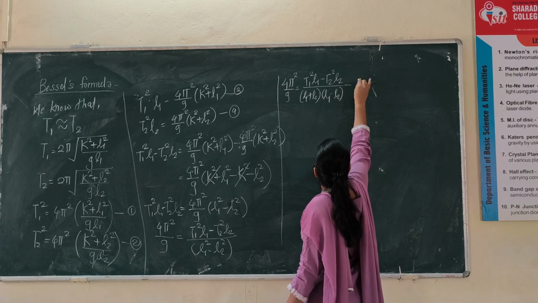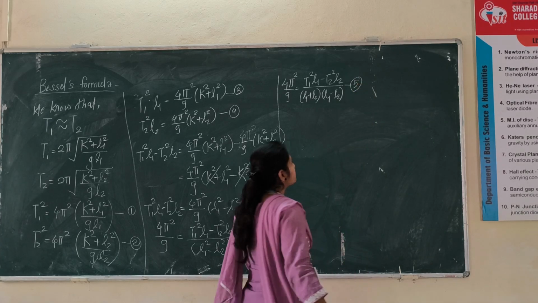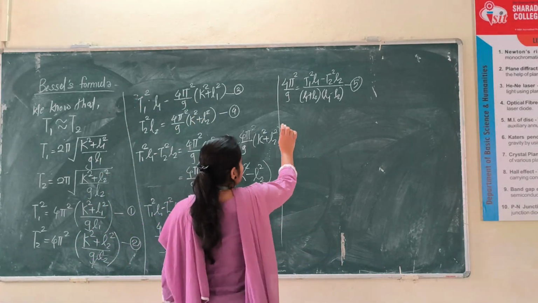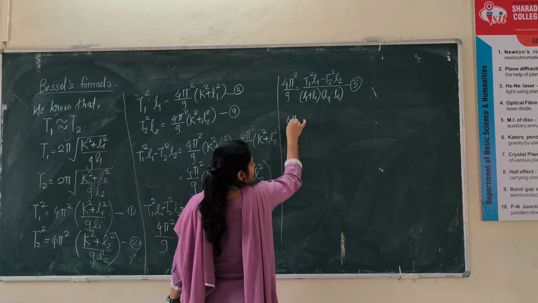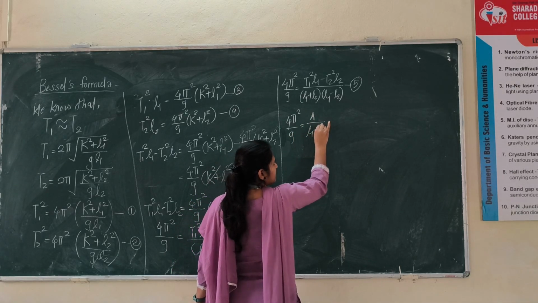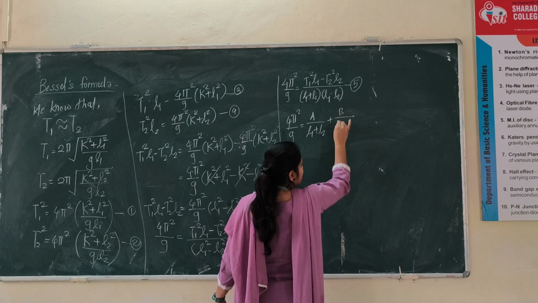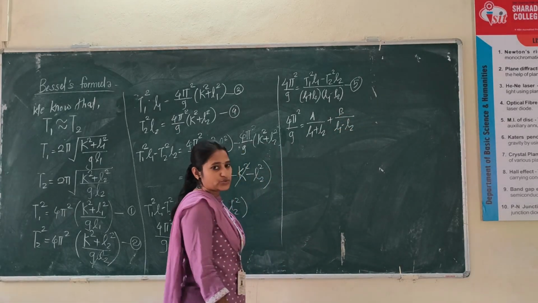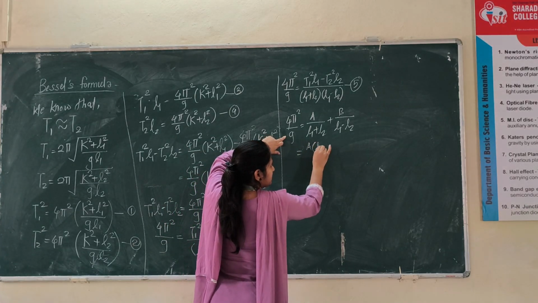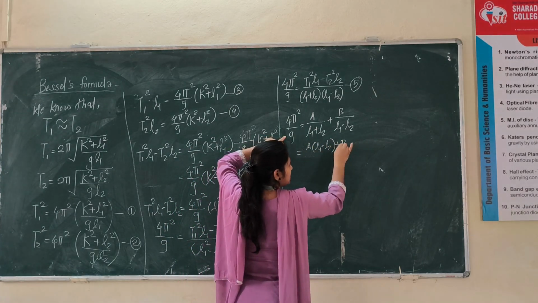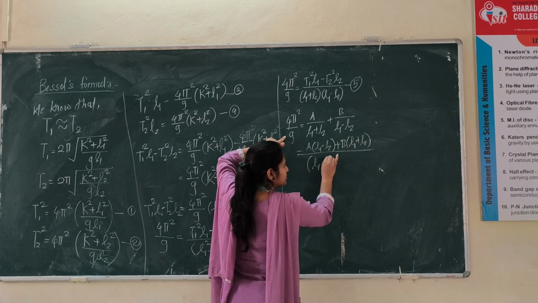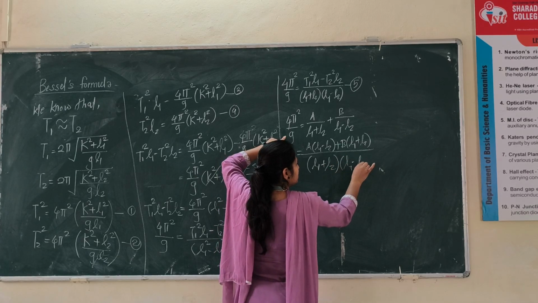Okay, so this is equation number 5. Again we know the partial fraction formula used in mathematics. It is 4 pi square by g is equal to a by (L1 plus L2) plus b by (L1 minus L2). Solving this equation we get a into (L1 minus L2) plus b into (L1 plus L2) divided by (L1 plus L2)(L1 minus L2).